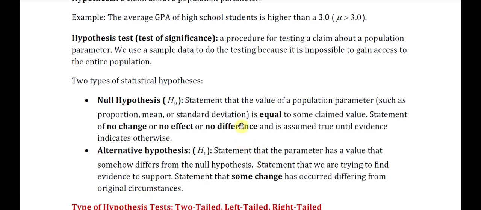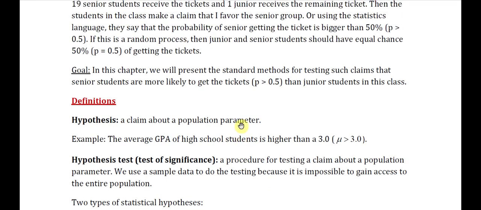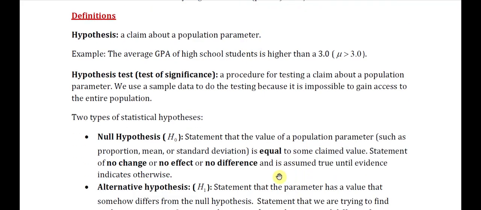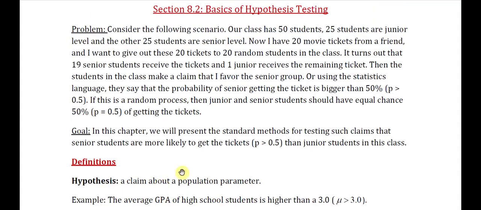If we go back to the earlier example, in the original circumstance we should expect that P equals 0.5. This is the chance for each student to get a ticket, and it should be 50-50 for senior or junior.